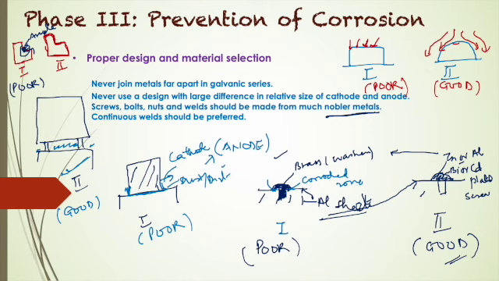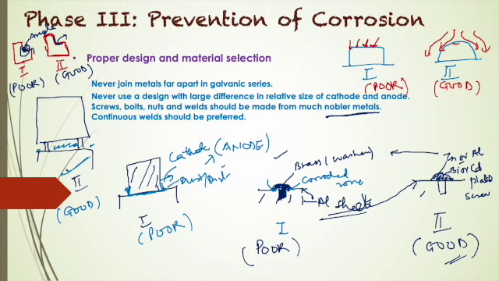Because the anodic region will receive less supply of oxygen. Okay, if we compare this with the second design, this is our good choice of design. Why? Because the curved surface actually can be cleaned up easily. Okay, so in that case you can say that the elimination of sharp corners should be there while making design.